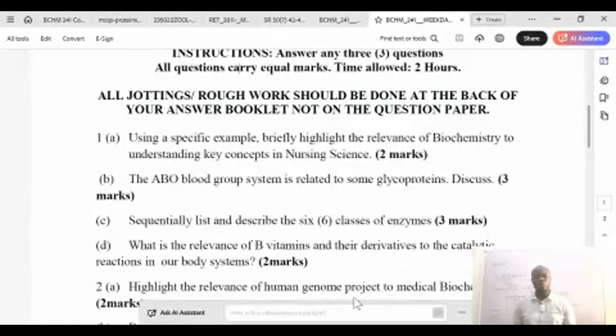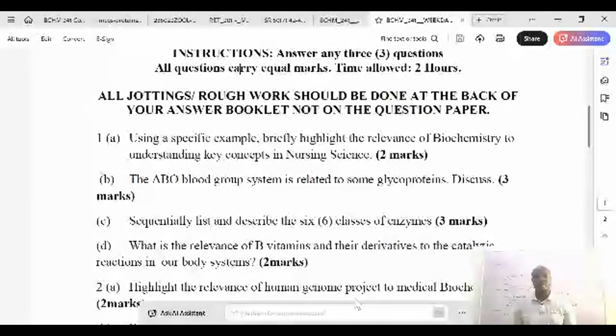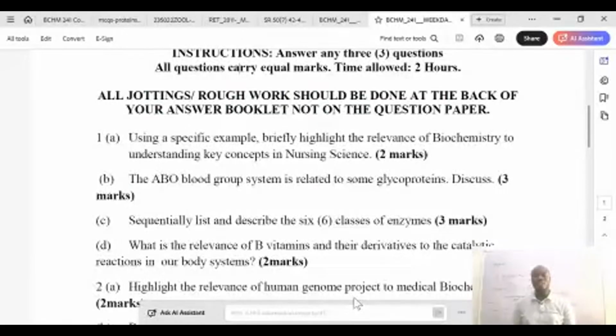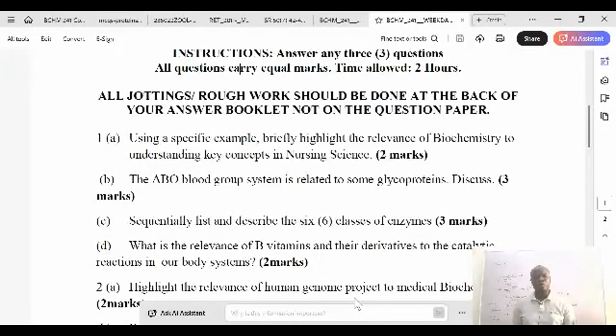If you were absent last time, I will send you a link to the solution to question 1D. We have a complete video on that. So now we are going to start with question 2 today.